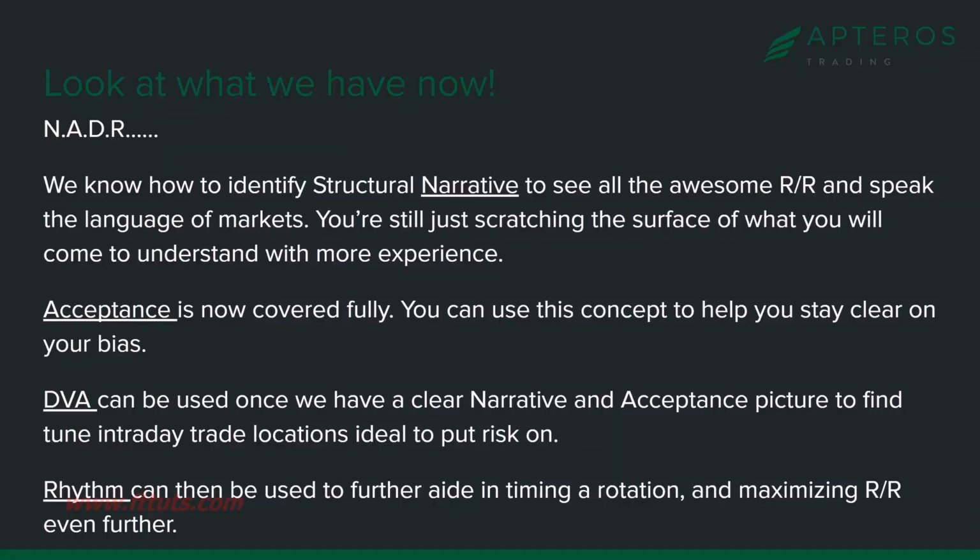And then rhythm helps with a lot of stuff, but ultimately rhythm's a component of acceptance. So why isn't it listed first in the acronym? I get that question all the time. It's because once I've got a narrative, once I've got the acceptance picture, once I've got a trade location in terms of DVA, I'm pretty focused on rhythm, a turning point. So that's why it is there. This is chronological in terms of a top-down approach.